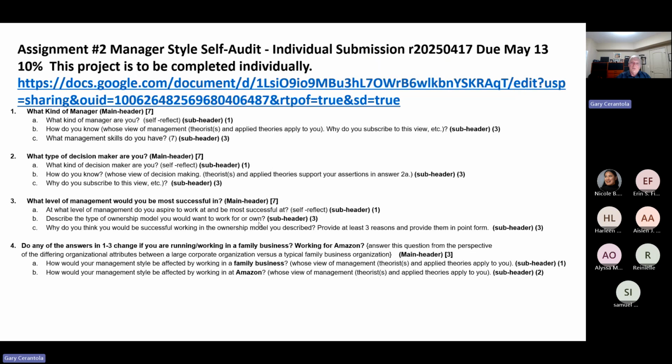Use the main header, what kind of manager are you, so I know that's what you're answering. Then when you go to A, B, and C, use the subheader so that I can really walk through this with you. That's where you're helping me help you, because the easier you make it for me to give a good evaluation, the better marks you're going to get. I promise you that.